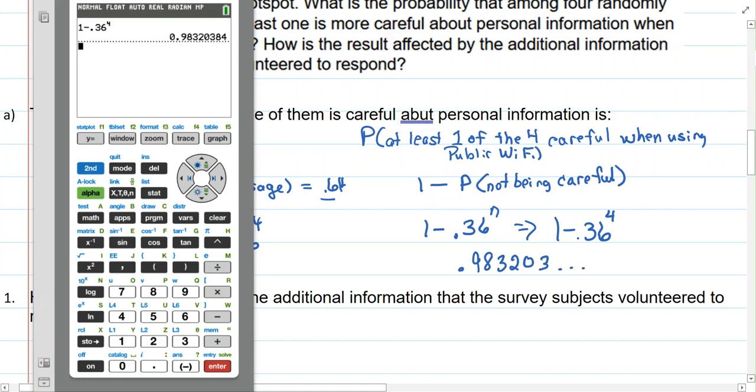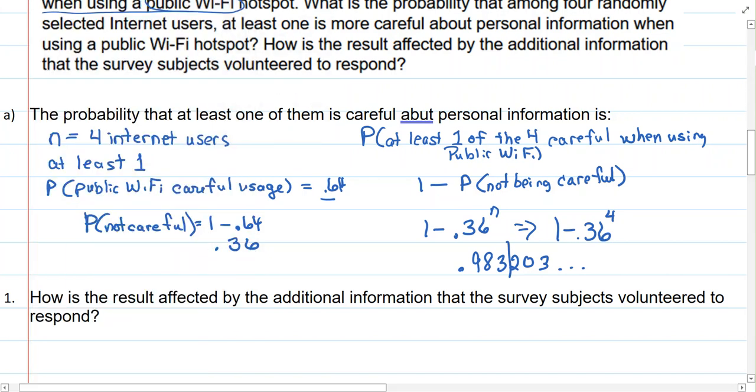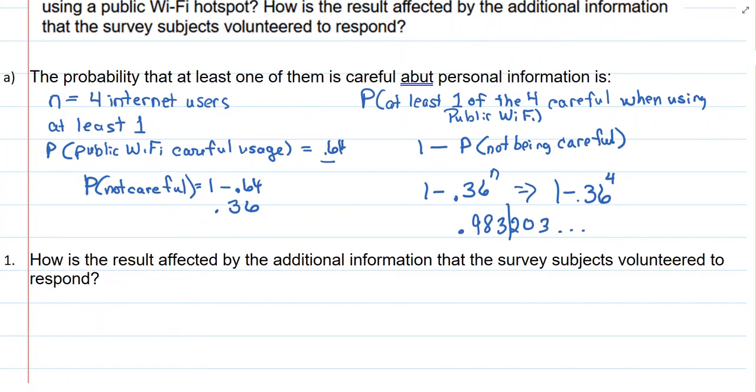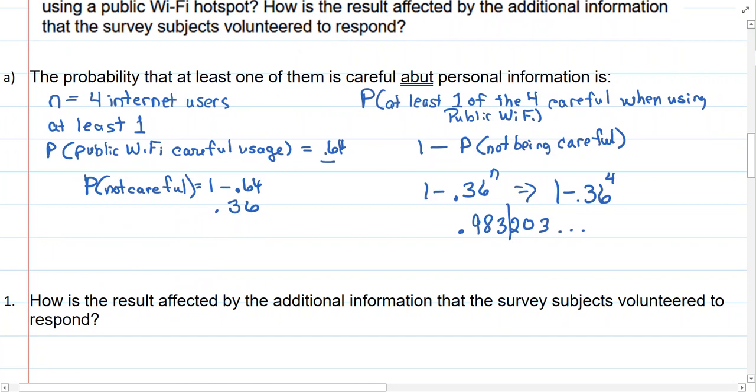And we're going to use 3 decimal places because it's so large a percentage of at least one of them being extra careful. So the probability of careful Wi-Fi users, careful, public Wi-Fi, is going to be 0.983.